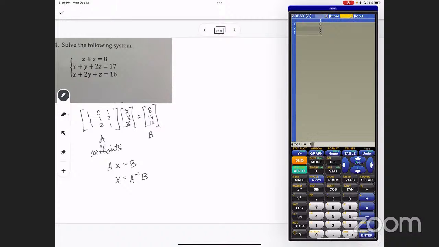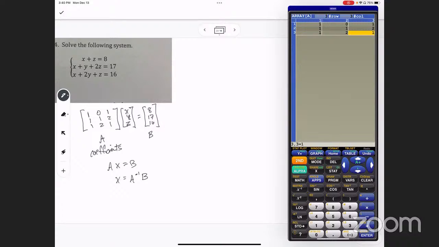So 3, enter 3. So see how it's a 3 by 3 matrix? And then just literally plug in across. 1, enter, 0, enter, 1, enter, 1, enter, 1, enter, 2, enter, 1, enter, 2, enter, 1, enter. So there's my A matrix. Okay, and I'm done making it.